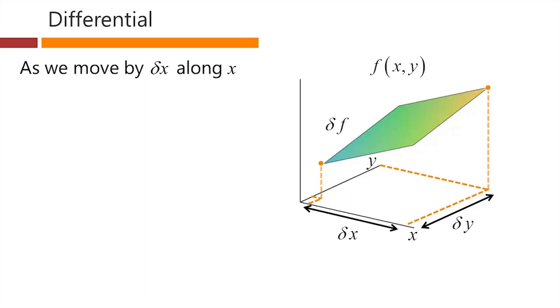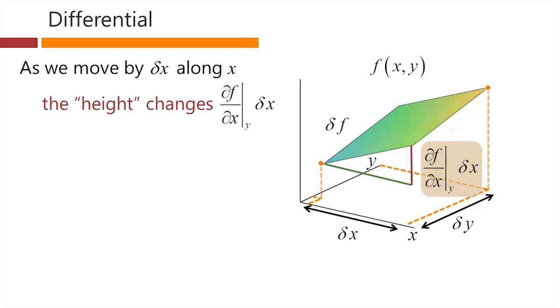So as we move by delta x along the x direction, the height changes by the amount of this red line here, and that length of that line is partial df by dx at constant y, that's the gradient of this line here, the slope of that, times delta x. And so we've accumulated this much change in height, delta f.